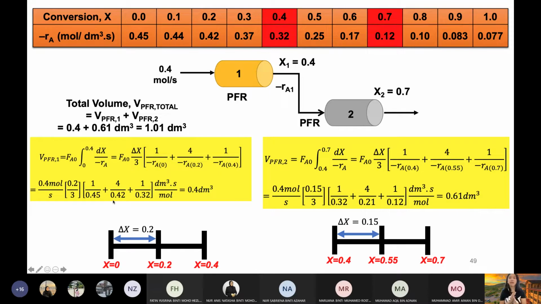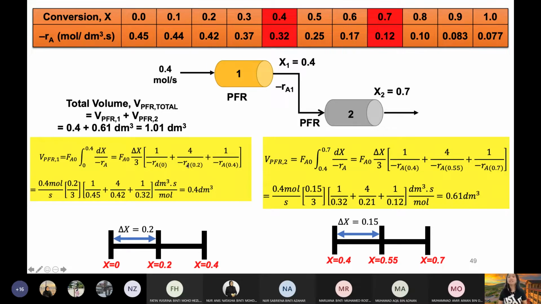So your middle X will be 0.2. That's why dia jadi 4 per minus RA when my X 0.2 plus 1 per minus RA when my X 0.4 upper limit. Okay, so yang 141 tu kamu jangan lupa because that's the formula that's required.